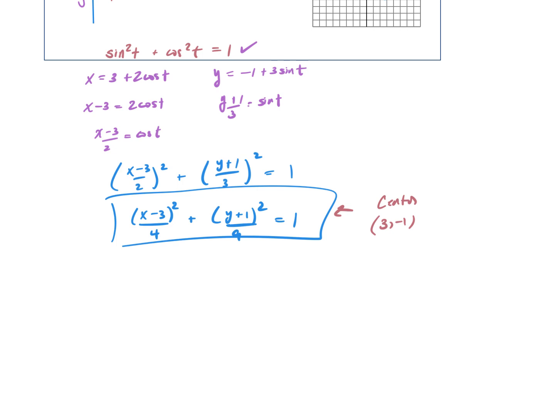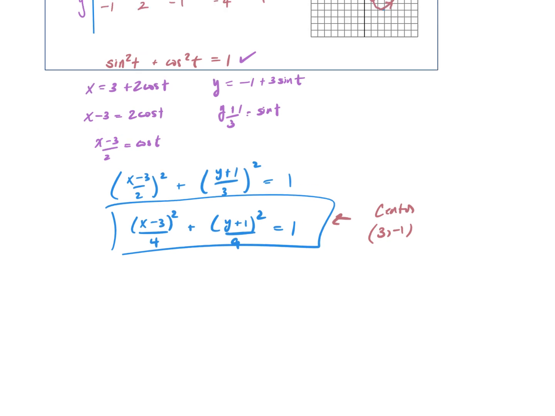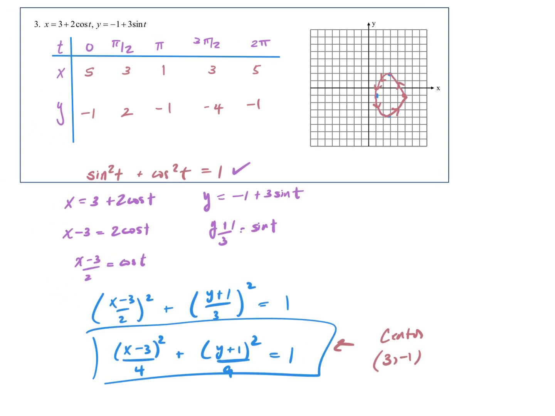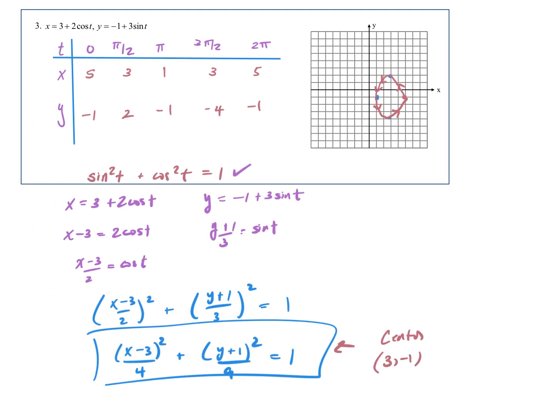And then from there, we could plot points if we wanted to, but you'd still need to determine the direction. So 3, -1 is the center. Then we could do the a and the b.